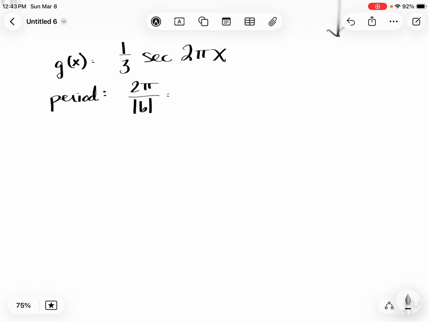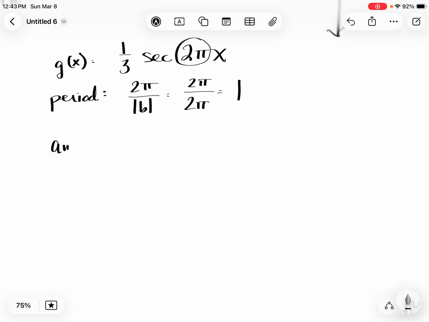So in our problem, this whole thing is b that I circled, not just the 2. The pi comes with it. It's everything from the word secant or cosecant to the x is your b. If you have 2 pi divided by 2 pi, you get the number 1. So your period is 1.